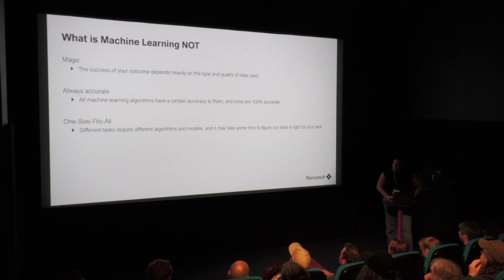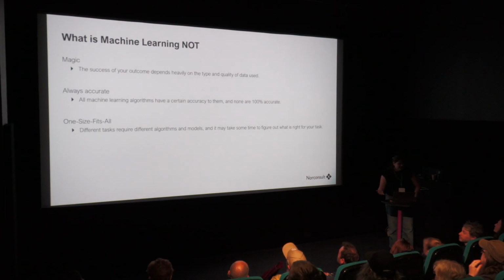Machine learning models are also not always accurate, so it's really important to take the outputs with a grain of salt because all machine learning algorithms have a certain accuracy. None are perfectly accurate, so if it looks wrong, it might actually just be wrong.